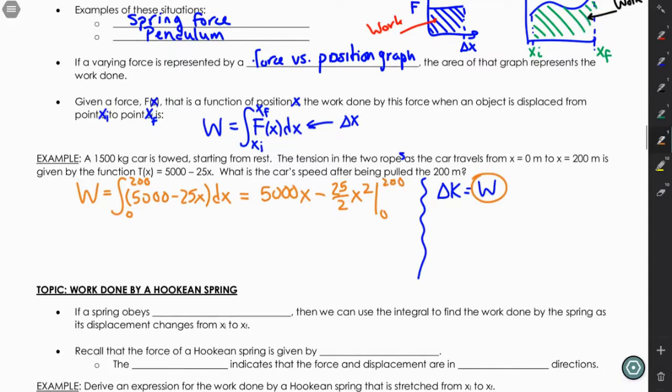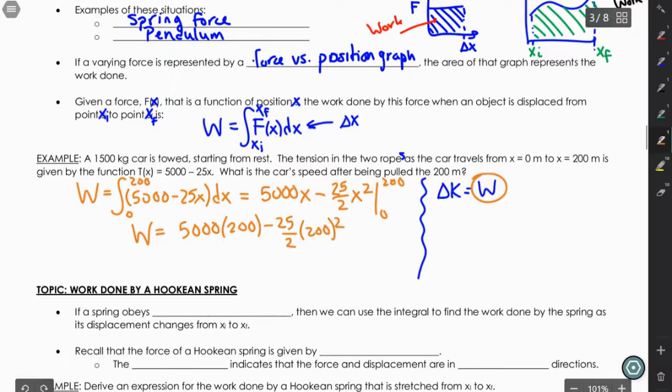The good thing is all we really have to do is plug in 200, because if I plug in 0 for those two parts of our function, it just becomes 0. So we're going to do 5,000 times 200 minus 25 over 2 times 200 squared. And so the amount of work done is 9.6 times 10 to the 5th joules.